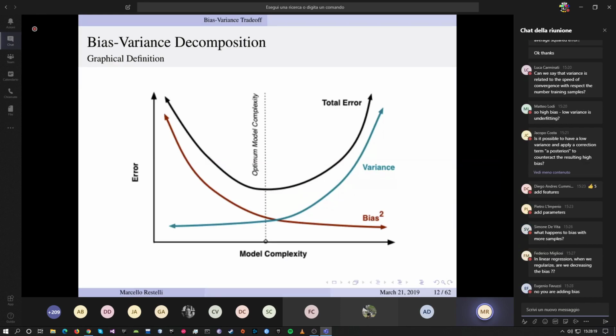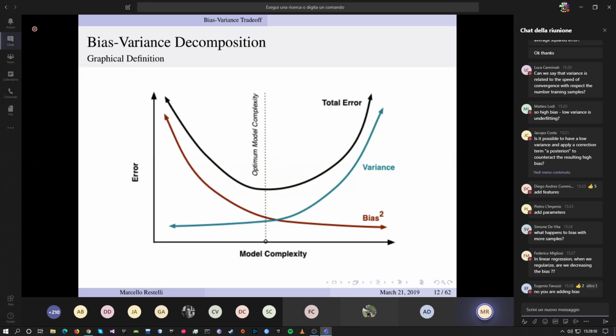There is a question: in linear regression, when we regularize, are we decreasing the bias? No, now we talk about this. With ridge regression and the lasso approach we can regularize our linear models to avoid variance, because usually when you regularize it means that you have used a lot of features, so very high model complexity.